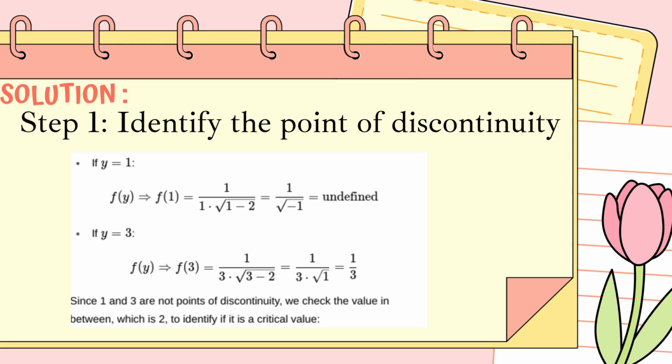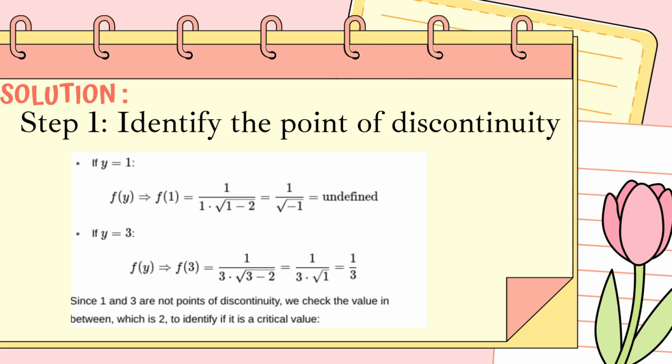If y is equal to 1, we have the function f of 1 is equal to 1 over 1 times the square root of 1 minus 2, which is 1 over the square root of negative 1. Since there is no real square root of a negative, this is automatically undefined.